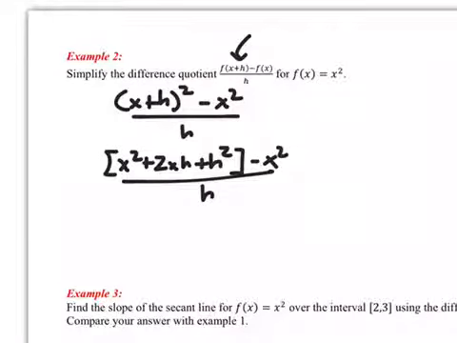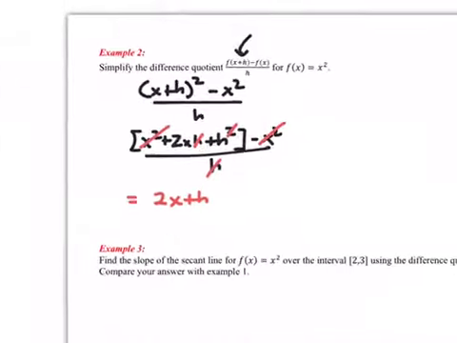Then we can do some simplifying. We'd see that x squared minus x squared is gone, and you'll also see that there's an h in each of these terms. So it looks like our difference quotient would come out to be 2x plus h. That's what our difference quotient simplifies out to be.